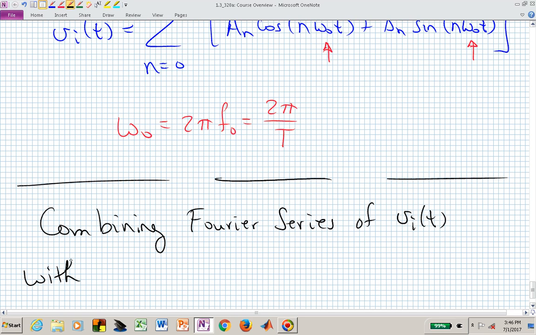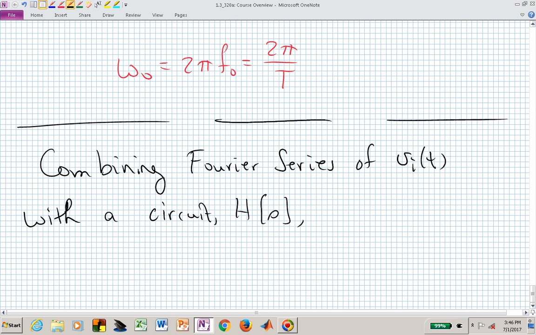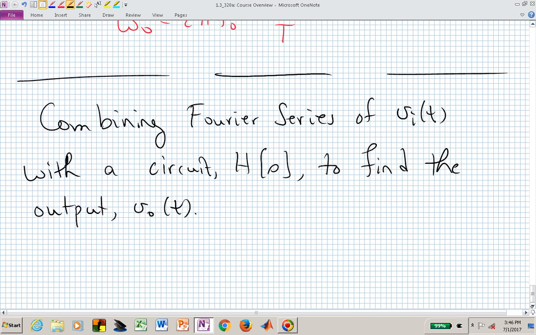We can now ask how a particular system or circuit that has a given transfer function H of s behaves: what's going to happen to the output when the system is excited by the input V sub I of t, which is some general periodic waveform. So we want to be able to find the output given V sub I of t and the transfer function H of s.